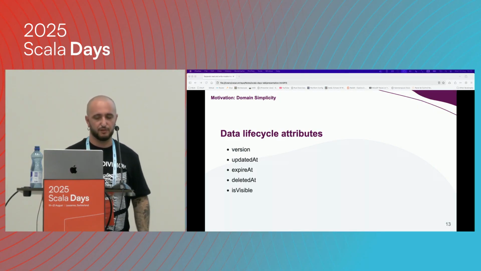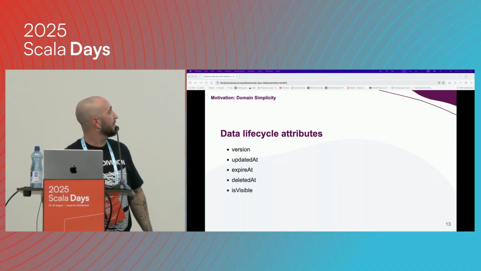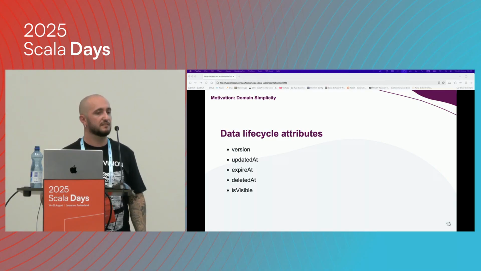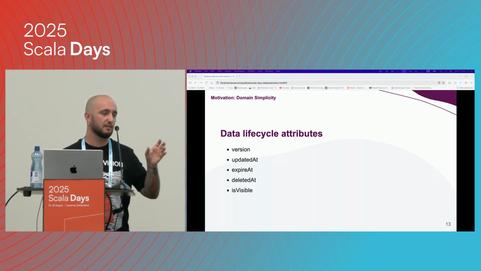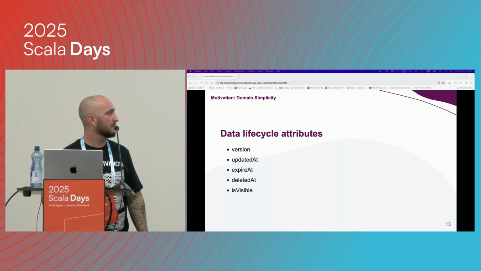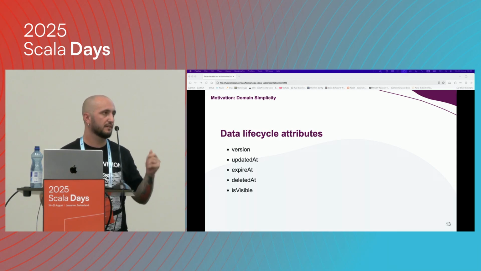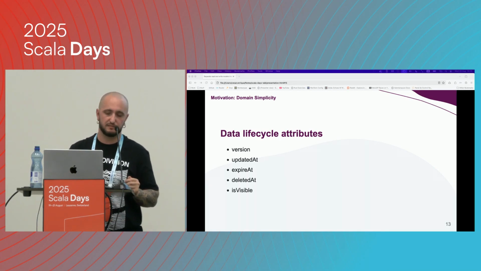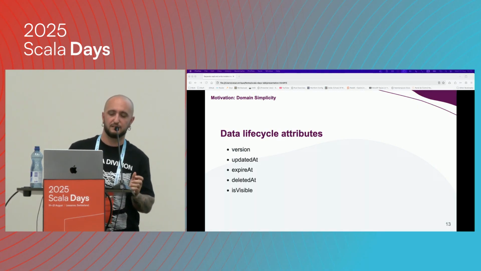Other things like version, updated at, expired at for TTLs, or maybe things like is visible or is test, to support certain pieces of data that are only there when the requests have certain flags, right? But all this data, or most of it, is probably not needed in your application logic.